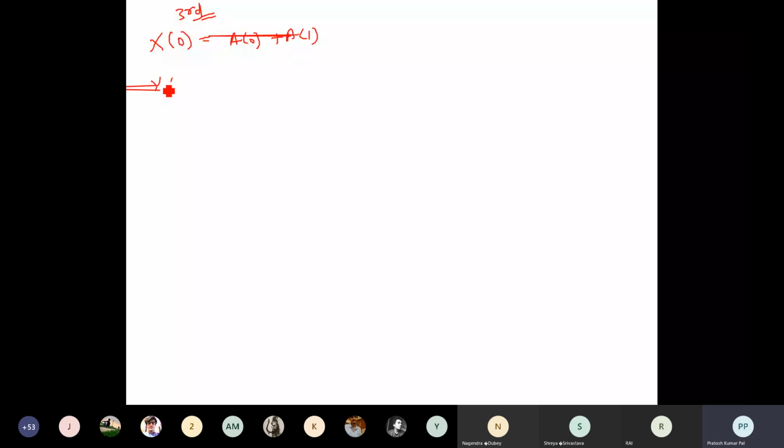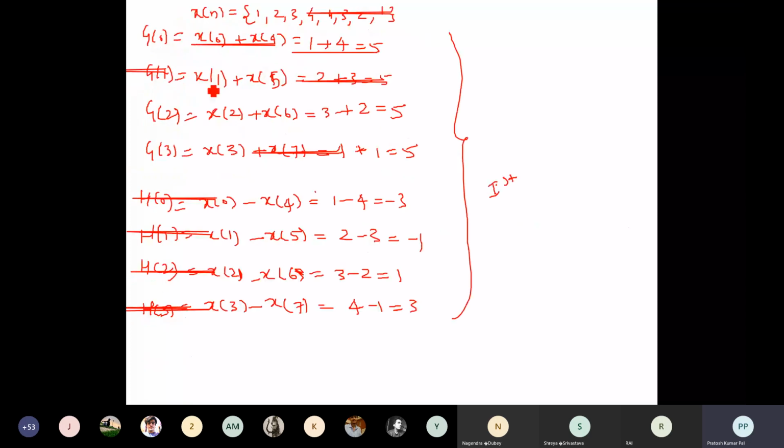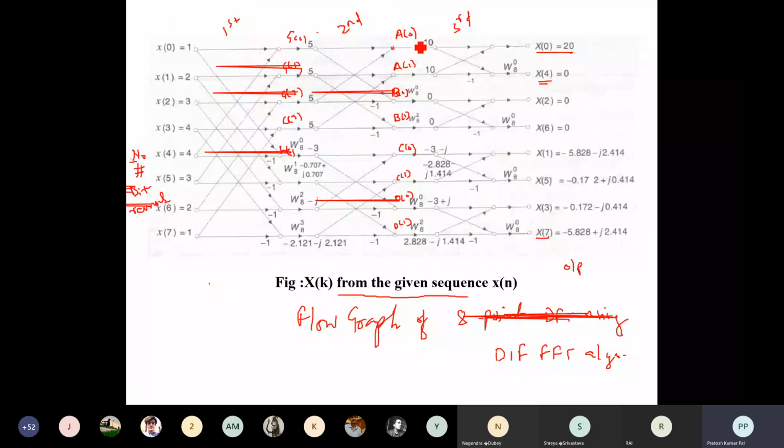Similarly, x of 4, because the bit reversal is there, will be a0 plus a1 multiplied by -1.